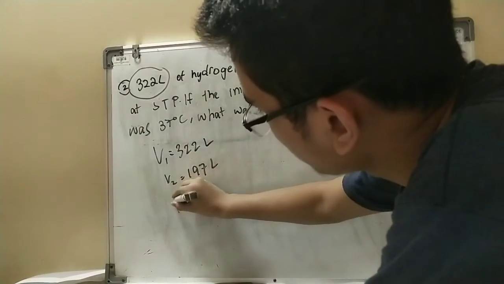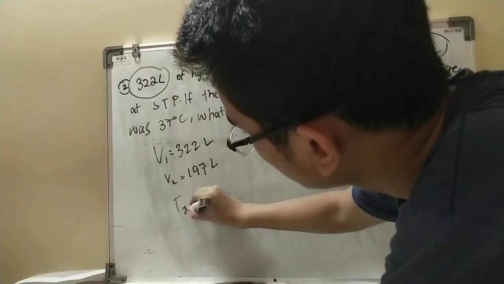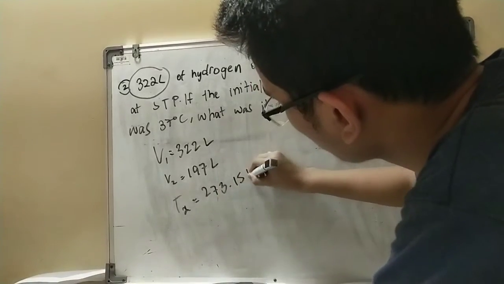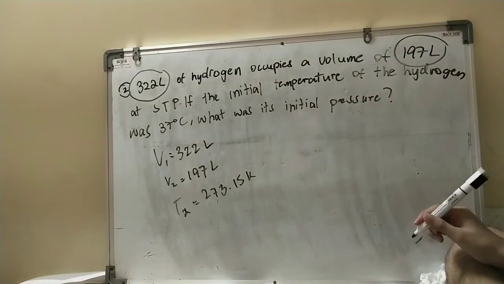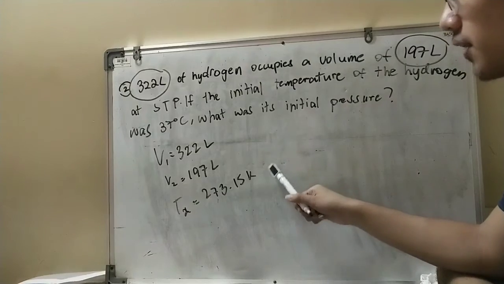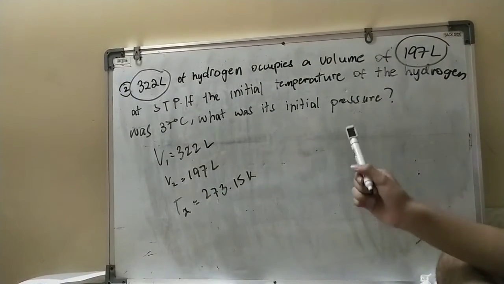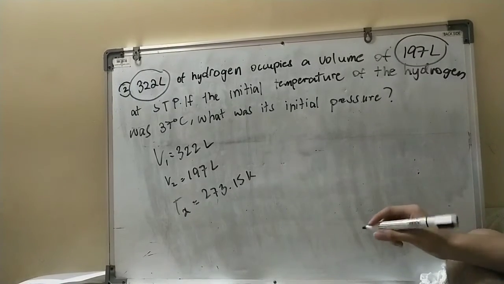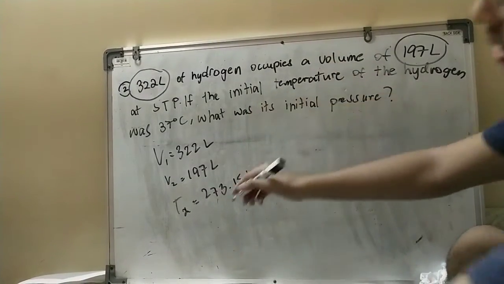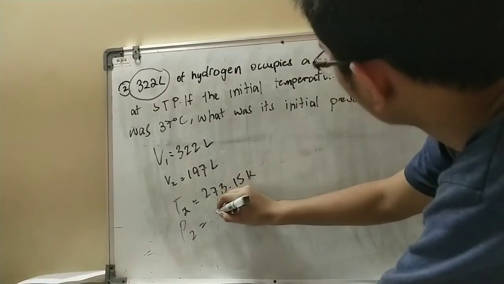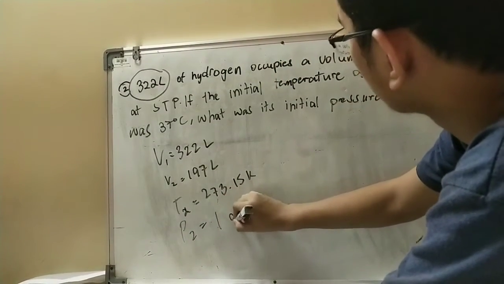So, our standard temperature is 273.15. Out of all my problems, I'm going to use the standard unit of Kelvin so that you can better grasp what I'm talking about. Then, our next value is standard pressure, which is 1 ATM.